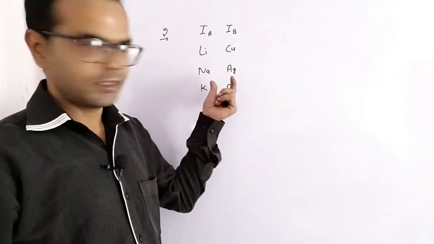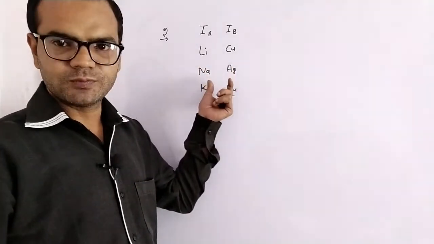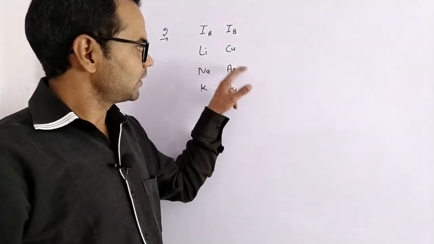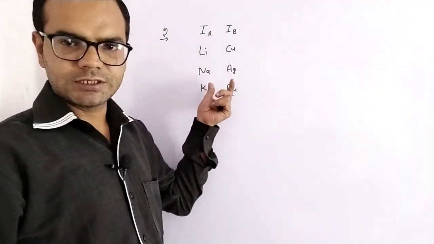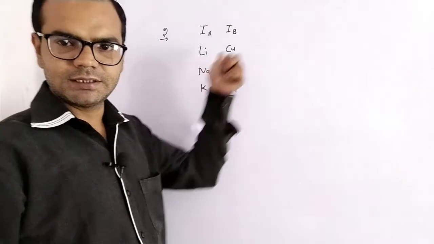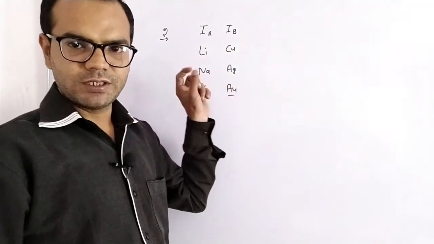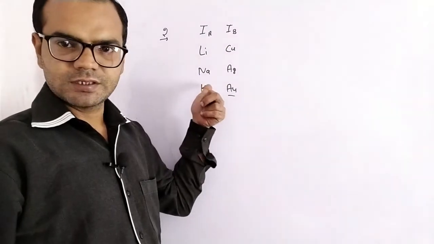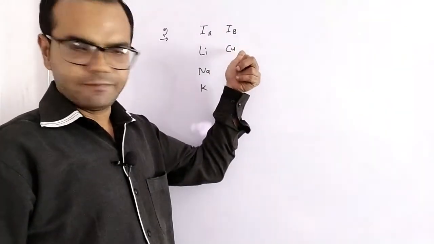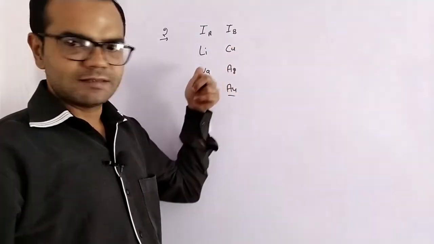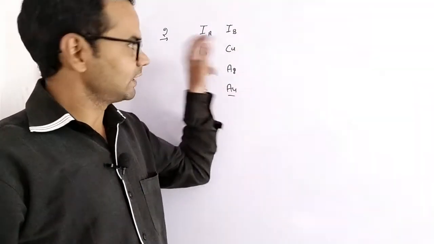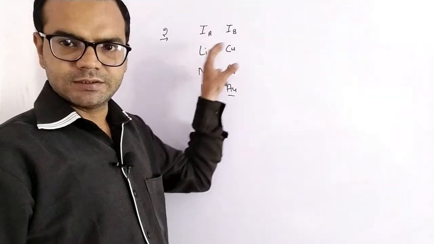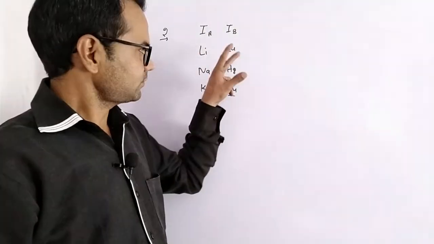But there is no correct relation between both these groups. They belong to the same group, but their properties differ with respect to each other. These are highly reactive metals, these are less reactive metals. So there is no exact criteria why these elements resemble the first A group. First B elements never resemble the first A group. So it was again one of the biggest limitations why different elements were placed in the same groups.